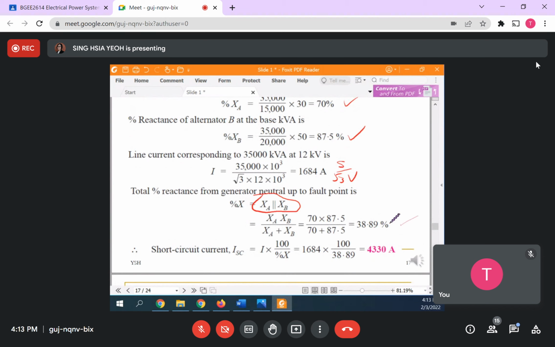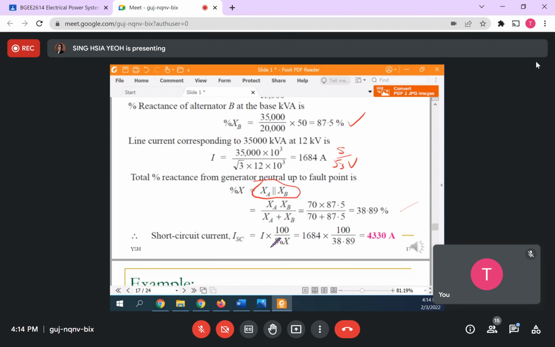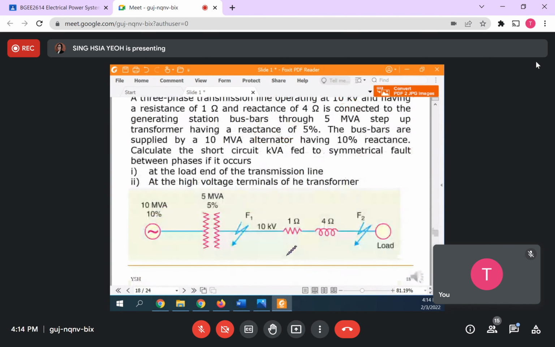It will only be parallel, series, or series-parallel; there is no other connection method. Then you get the short circuit current formula like that.